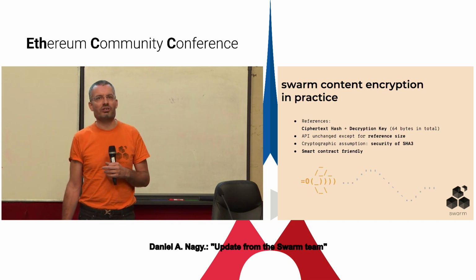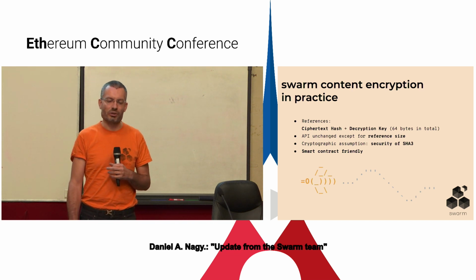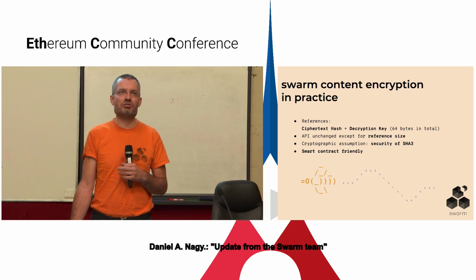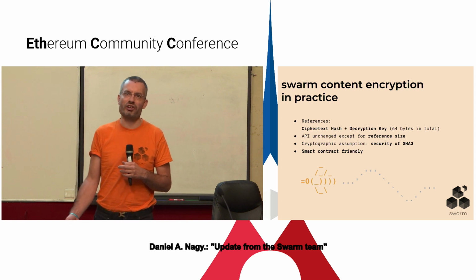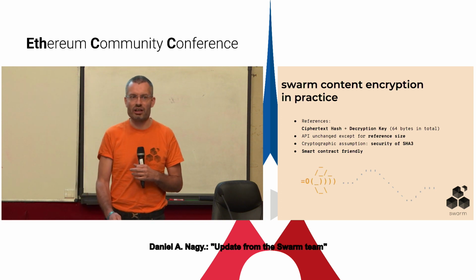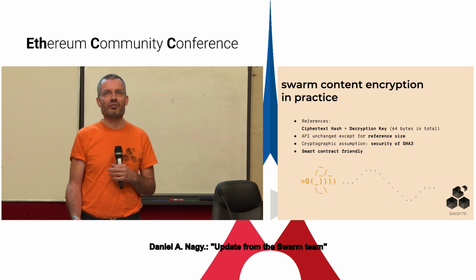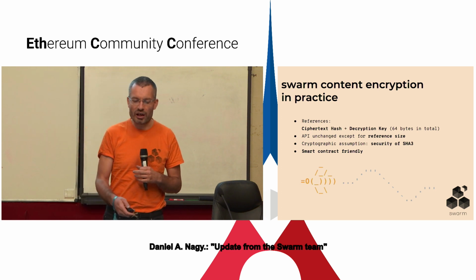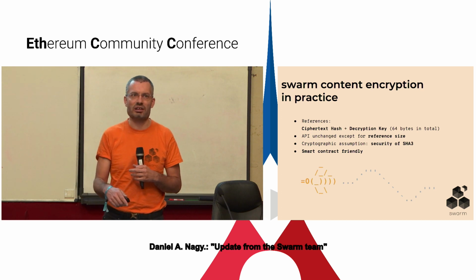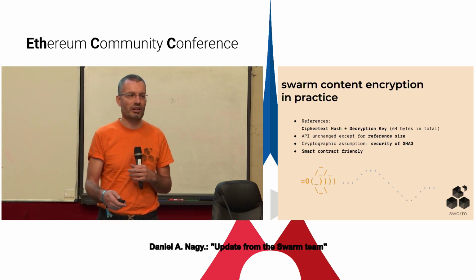The only cryptographic assumption upon which Swarm content encryption relies is the security of SHA-3. It's the same SHA-3 version upon which Ethereum itself depends, meaning that as long as SHA-3 is secure, you can trust that the encryption of Swarm content is also cryptographically secure.